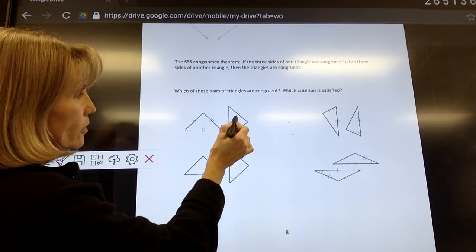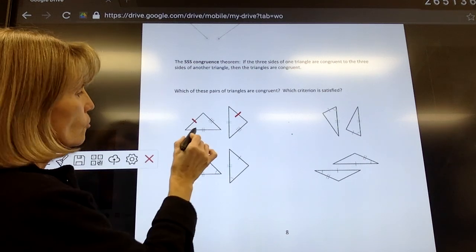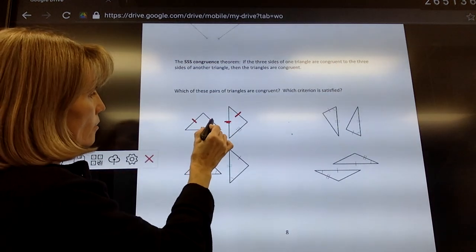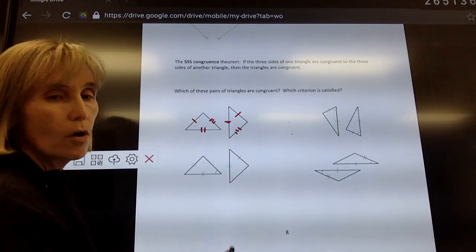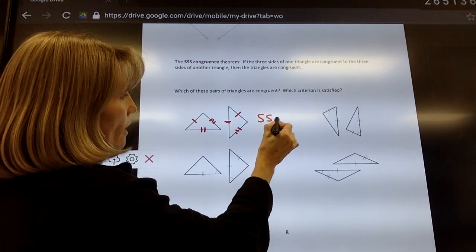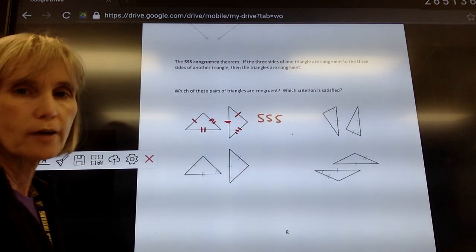So when you look at the picture here, I've got tick marks telling me that that's one pair of sides that's congruent. Here's a second pair that's congruent. And here's a third pair that's congruent. So what do I have marked in my picture? I have side, side, side. So yes, those two triangles are congruent.